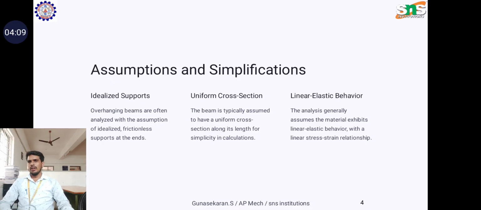No self weight and fixed support. Then two-dimensional analysis, static loading, no lateral torsional buckling. By making these assumptions and simplifications, engineers can focus on key aspects of the beam performance.